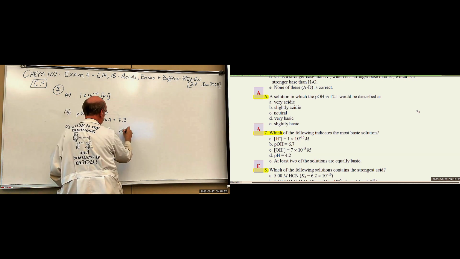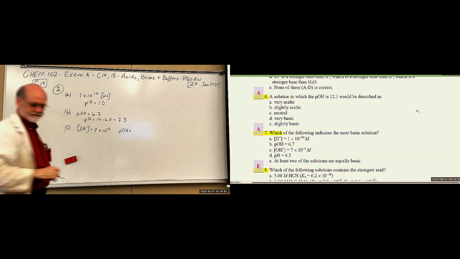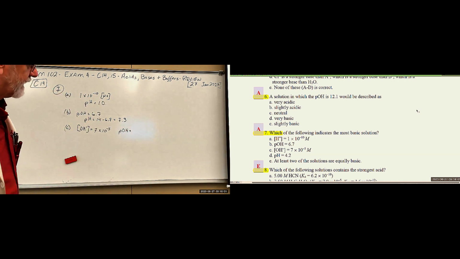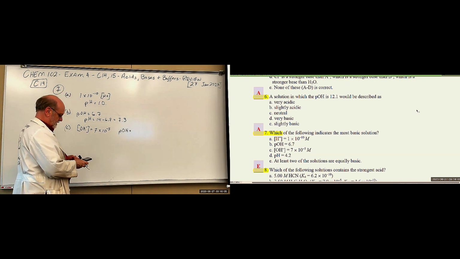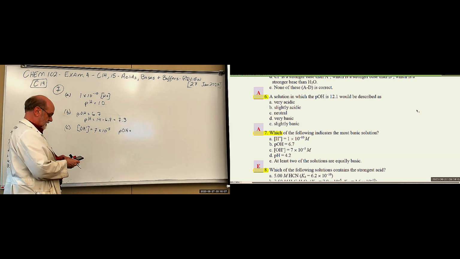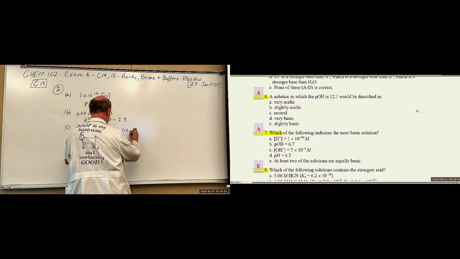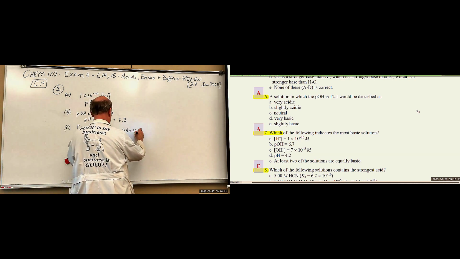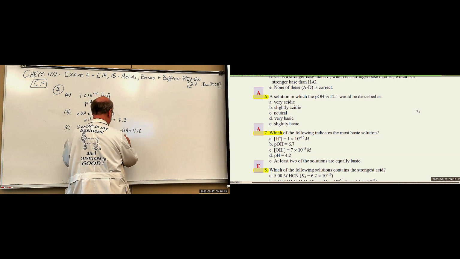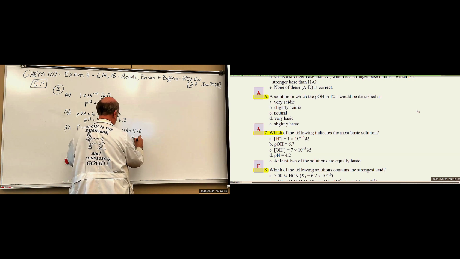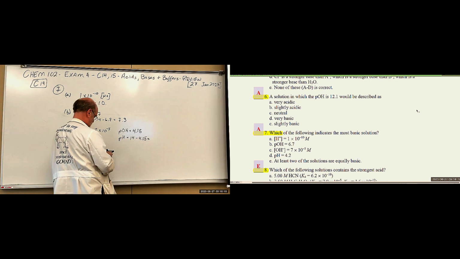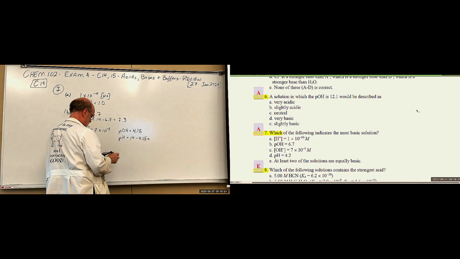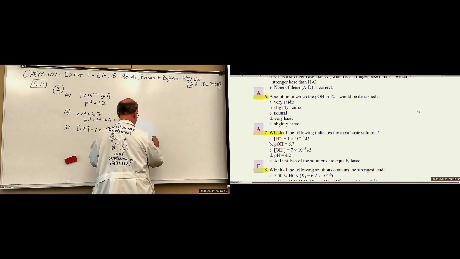So pOH, I can do that one in my head. 7 exponent minus 5, take the log and then change the sign. So the pOH is 4.15 and the pH would be 14 minus 4.15, which would be 9.85.